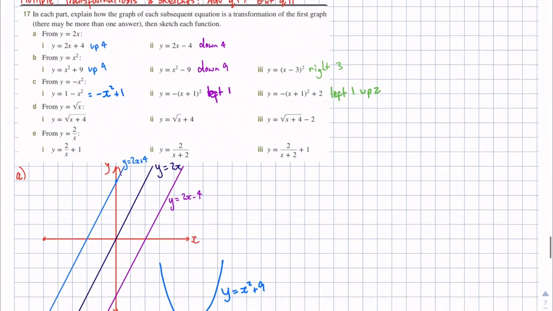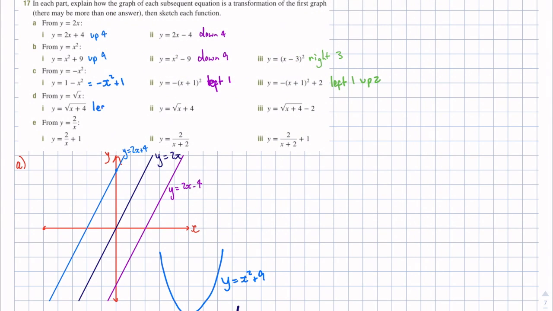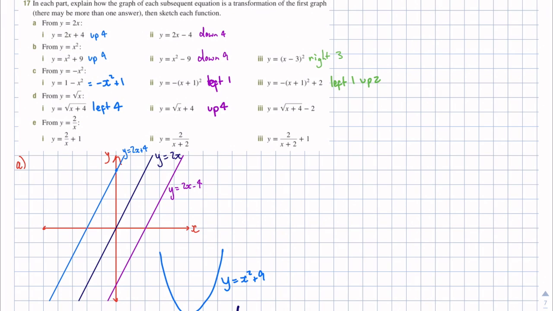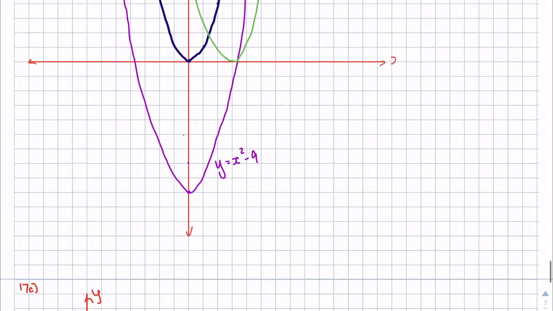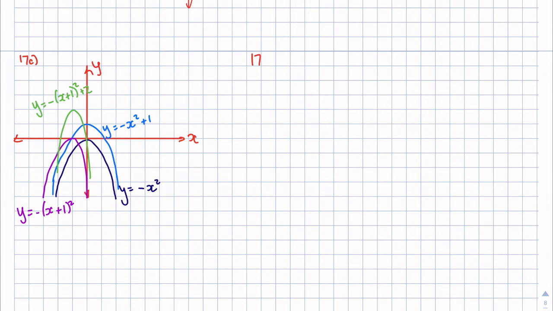Okay, 17d, square root of x. Now this one's moved left 4, sorry. This one's moved up 4, and this one's moved left 4 down 2. So if I have 17d, none of these have to be amazing. Y, x.